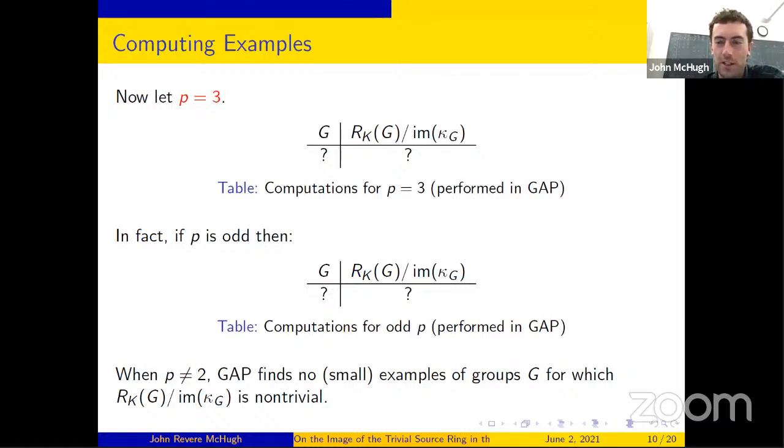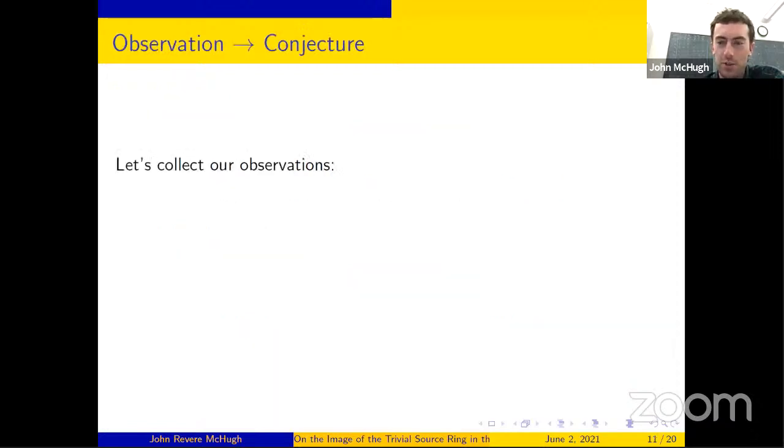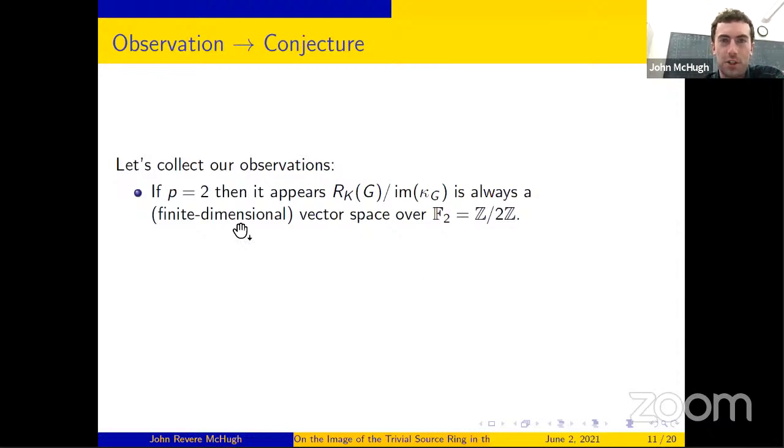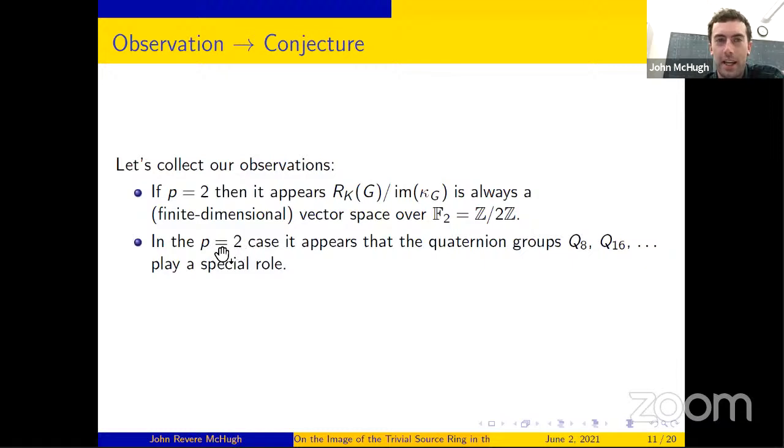So now we've got some observations, and we can use them to form some conjectures. If P is equal to 2, it looks like this quotient is always a finite dimensional vector space over F2. And in that case, it looks like the quaternion groups are playing a special role. There's some sort of rigidity to those computations. It looks like Q8, Q16, Q32, those groups are all appearing in the other groups in the table.